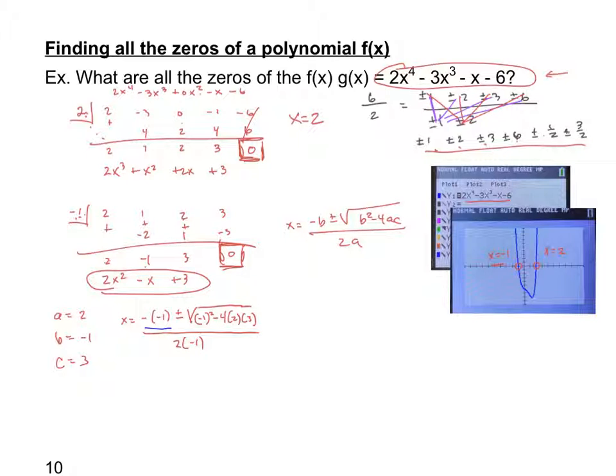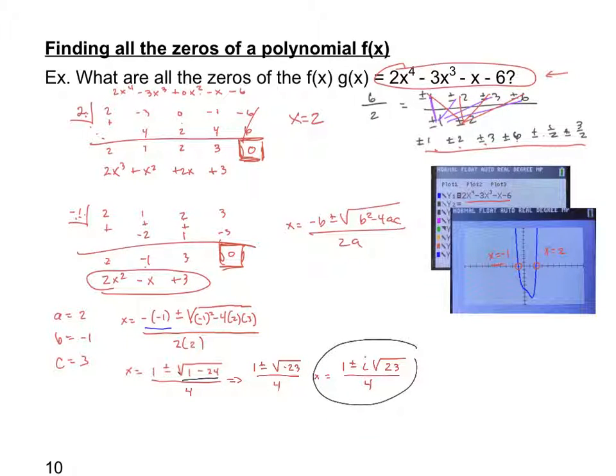When we simplify that, we get 1 plus or minus the square root of 1 minus 24 over 4, then 1 plus or minus the square root of -23 over 4, and then finally x equals 1 plus or minus i times the square root of 23 over 4. So here are two of my solutions.